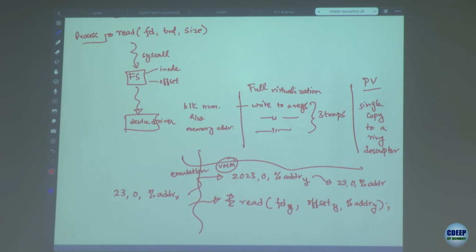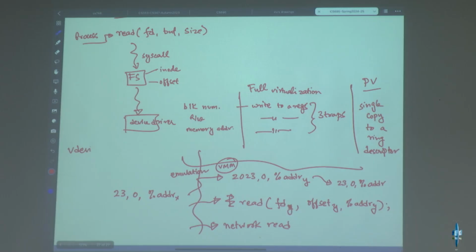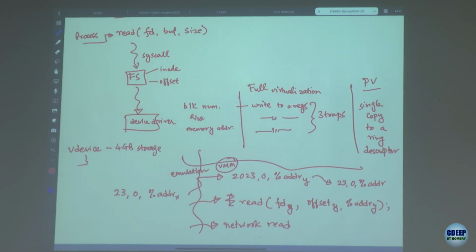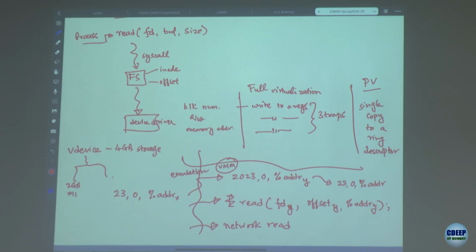So it can just be a block offset, or it could be a file read, or it could be a network read. Right? So for example, you may have a virtual device with 4 GB storage, but the emulation might be such that 2 GB is stored on machine 1 and 2 GB is stored on machine 2, right?